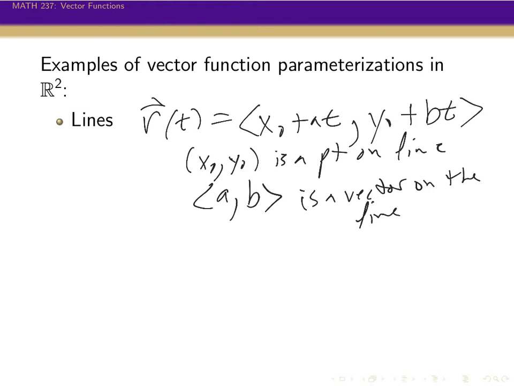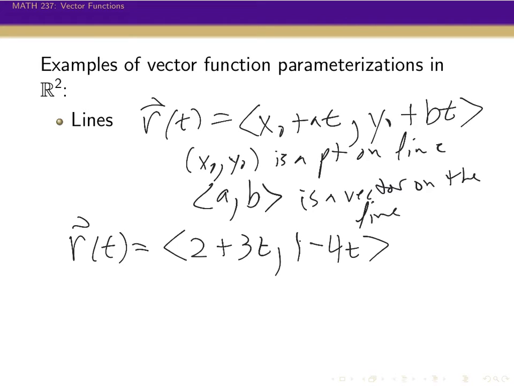Let's make this as tangible as possible. Let's say r of t is x equals 2 plus 3t, y equals 1 minus 4t. This is a line that goes through the point 2, 1 and along the vector 3, minus 4.